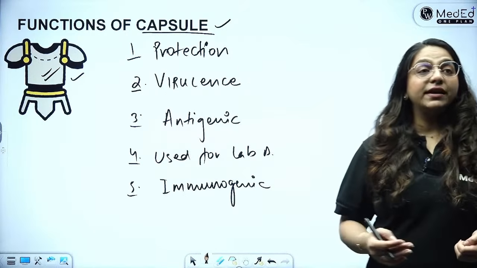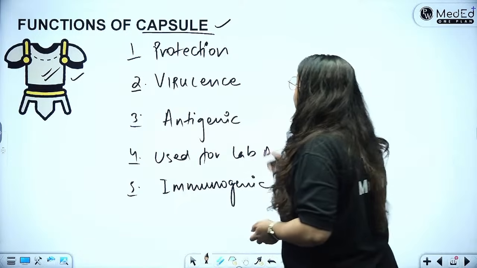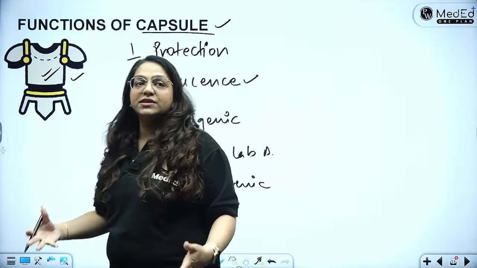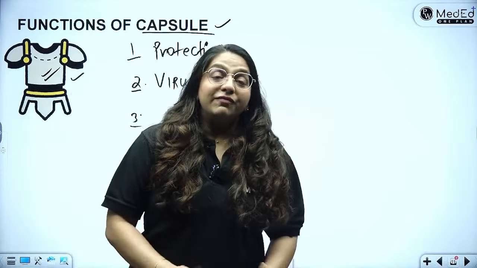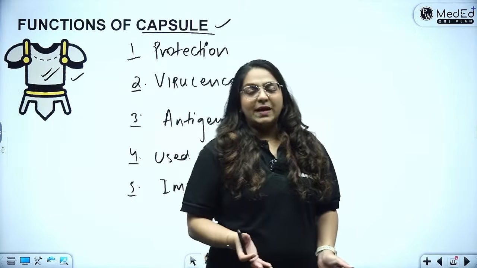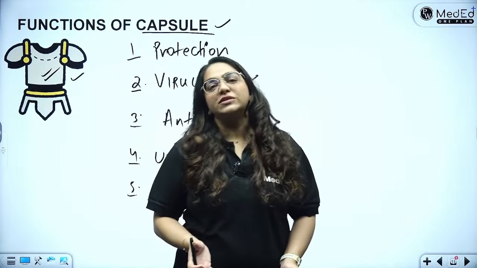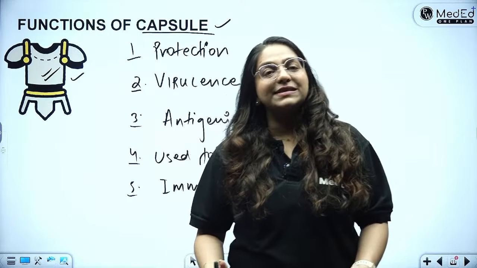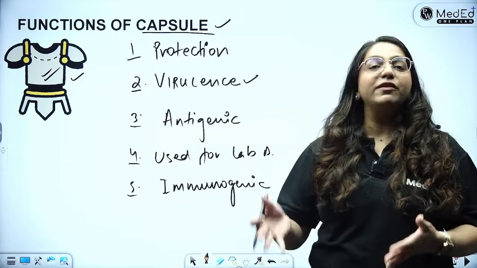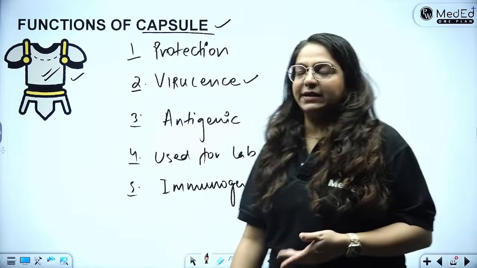Now, another important thing is that it is so important for the pathogenicity and for the survival of bacteria that sometimes whenever we remove the capsule of a bacteria, they are rendered useless. They sometimes even die if we remove the capsule, right?